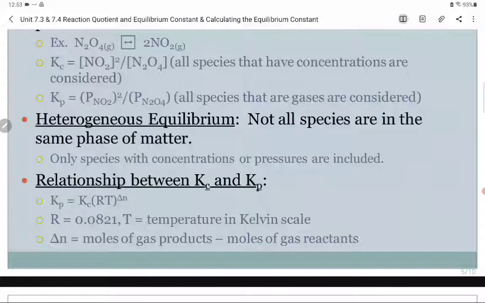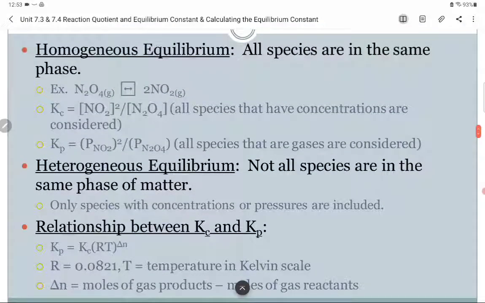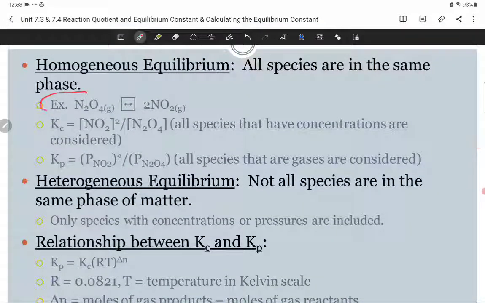So like if we were going to look at this one here, there's 2 moles, the coefficients, 2 moles of gas product minus 1 mole of gas reactant for a grand total of 1. So in this question, if we were going to convert Kp to Kc or Kc to Kp, it would be raised to the power of 1.